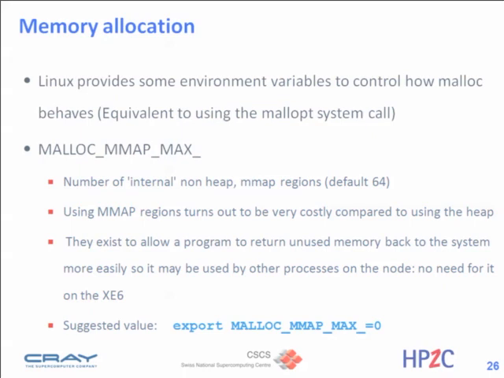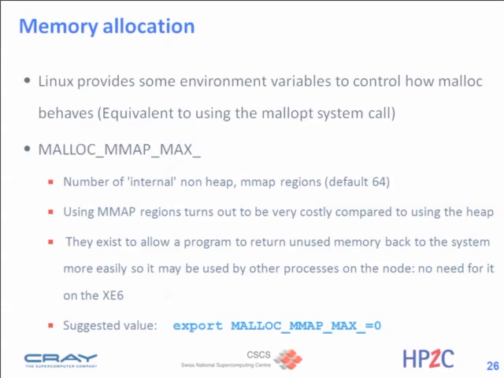There are some regions that exist to allow a program to return unused heap space to other possible processes running on the same memory. This feature is not necessary, it's even harmful on the Cray.